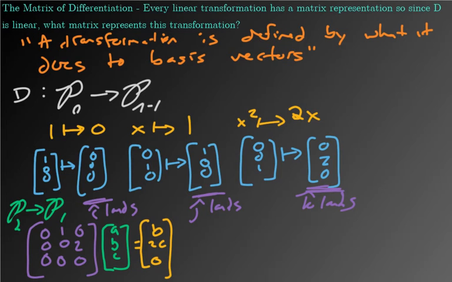And so what this is really saying is that the derivative of a plus bx plus cx squared really is b plus 2cx. And you can see the b plus 2cx is right there. And all we did to figure that out is look at where basis vectors go.